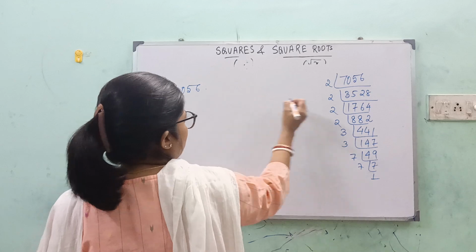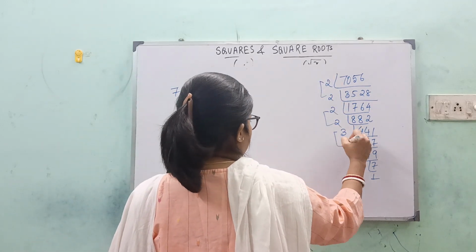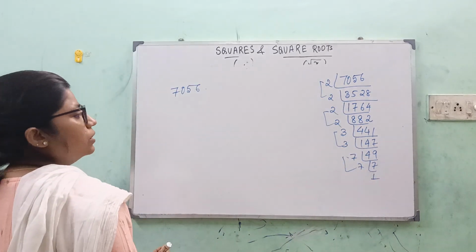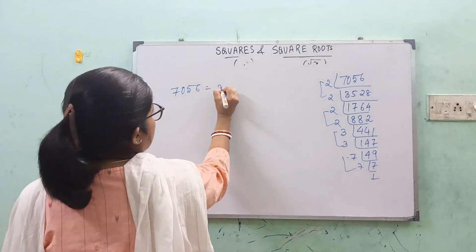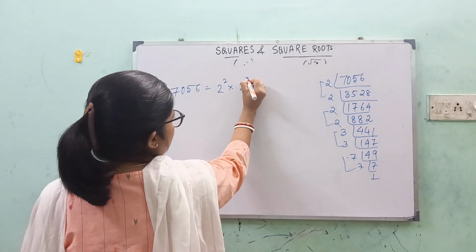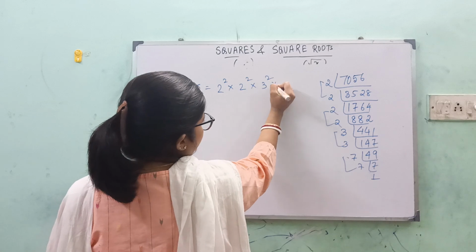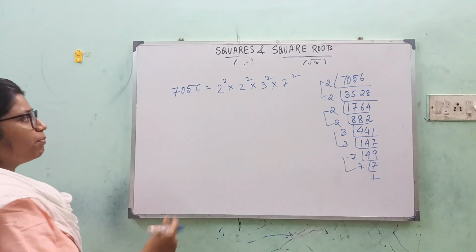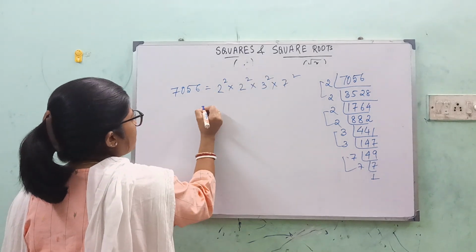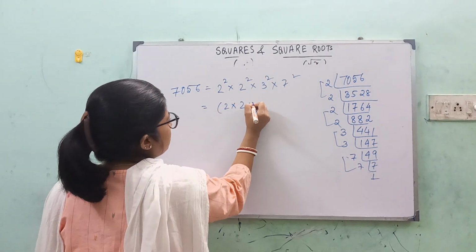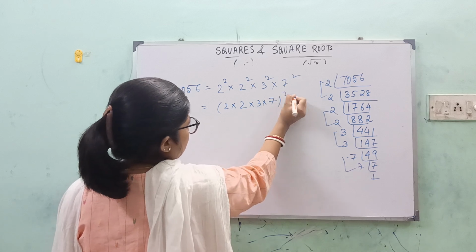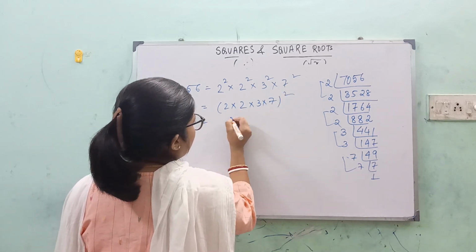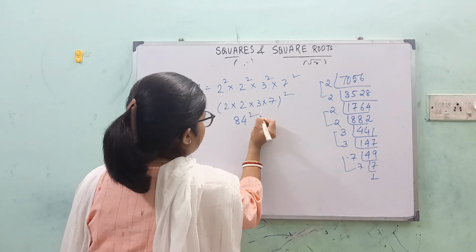Okay, so we can see we could express it in the form of pairs. That means 2 square, 2 square, 3 square, 7 square. So see, all the prime factors are in the form of pairs because of power 2. That means this is 4 times 21, 12 times 7 is 84. 84 square.